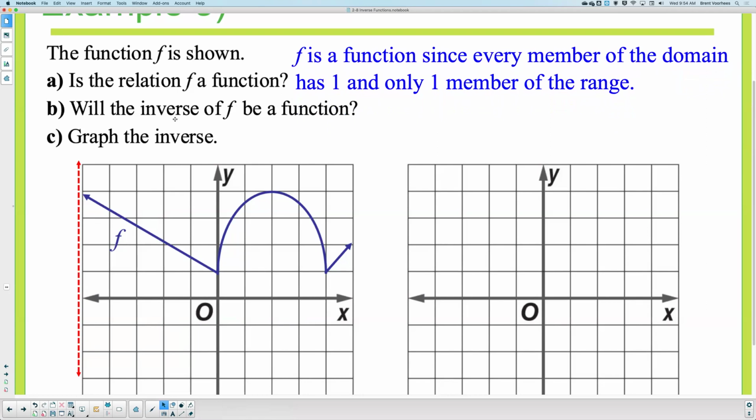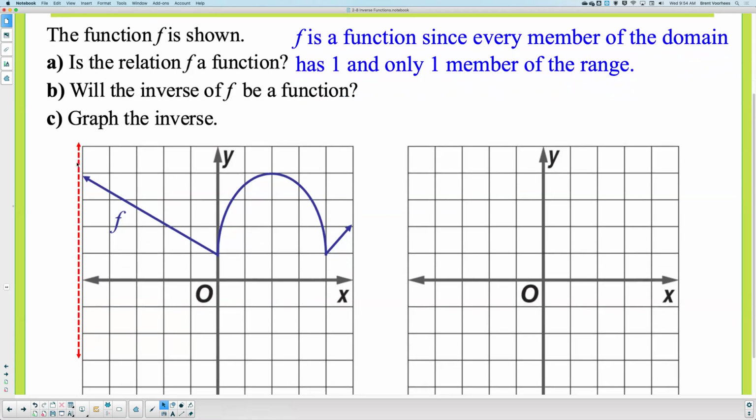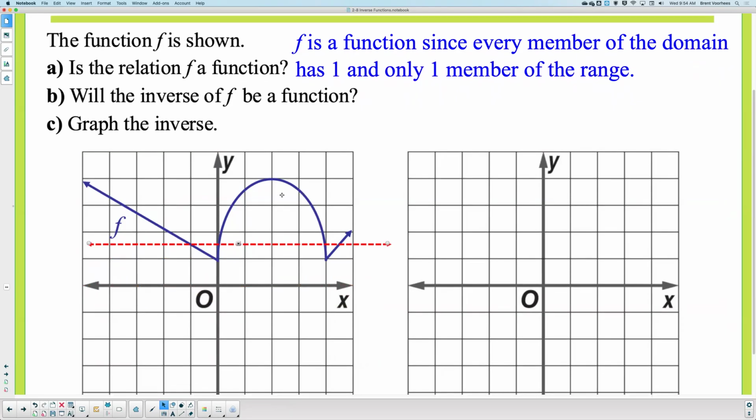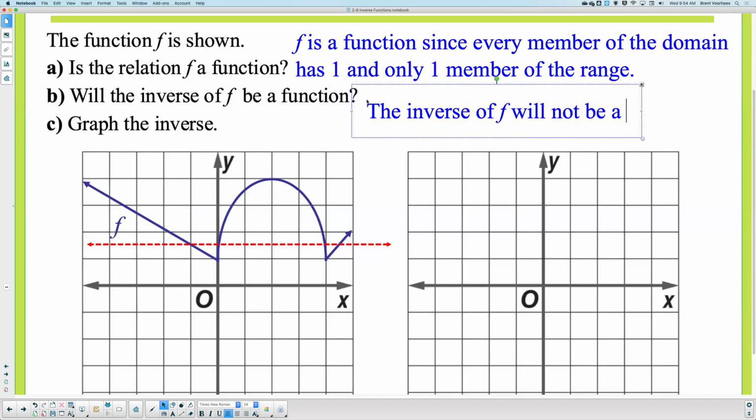So that's the first test here. Now the second is, will the inverse of f be a function? And to just know for a fact, let's use the horizontal line test. What we can see is no, the inverse will not be a function. And you cannot just say because it fails the horizontal line test, that will not give you credit.